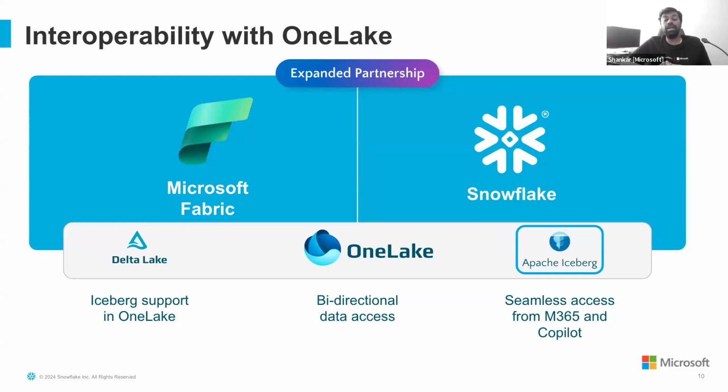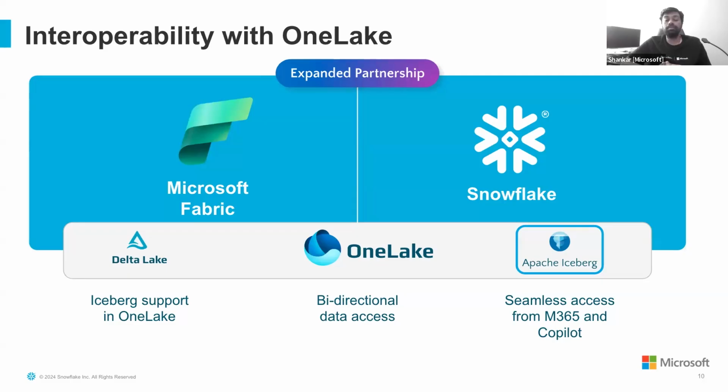Part of that is to bring Apache Iceberg support into OneLake and all of the tools that operate on OneLake, providing bidirectional access between Snowflake and the data in OneLake, so Snowflake can seamlessly read and access the data that is already available in OneLake, and also extend that to bring seamless integrations in the future to other applications like M365 Copilot and various different AI use cases that can run directly on top of OneLake.